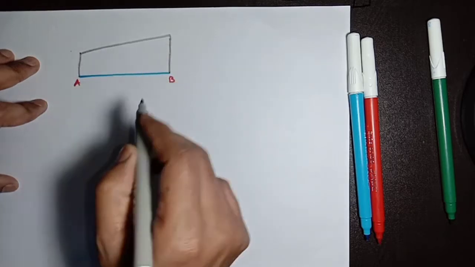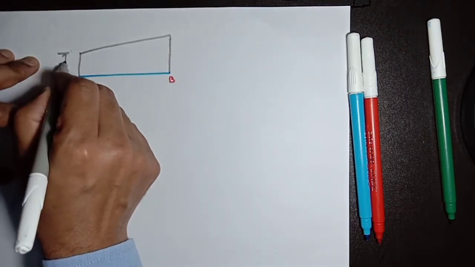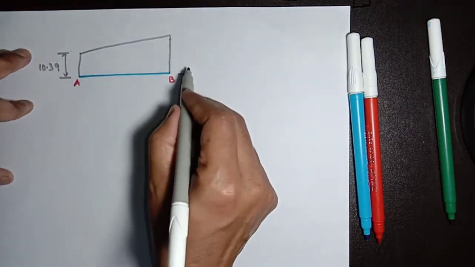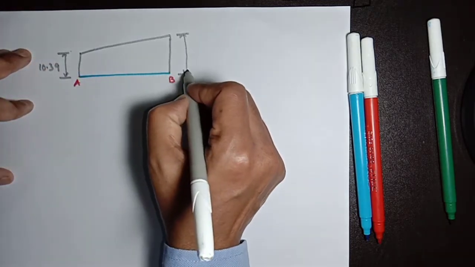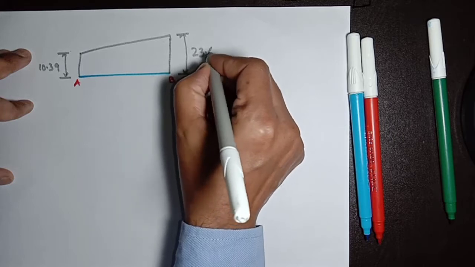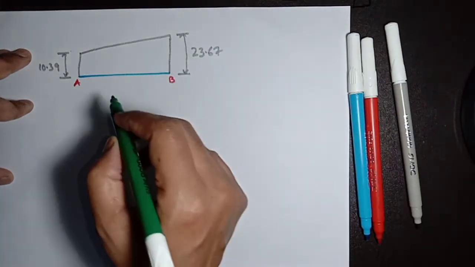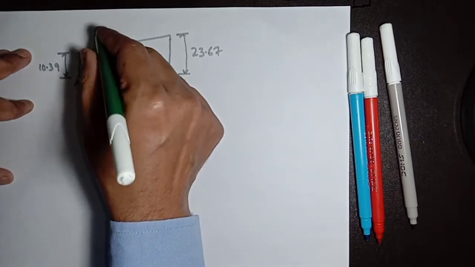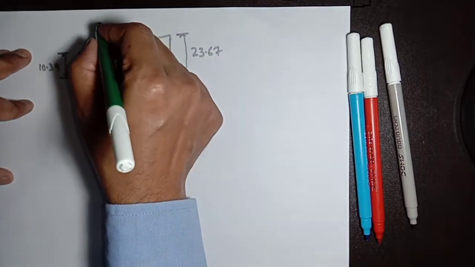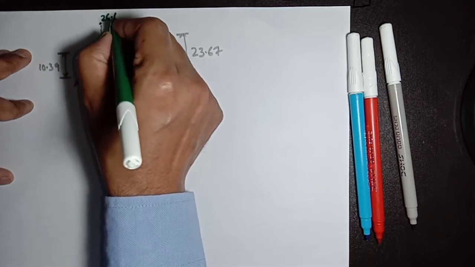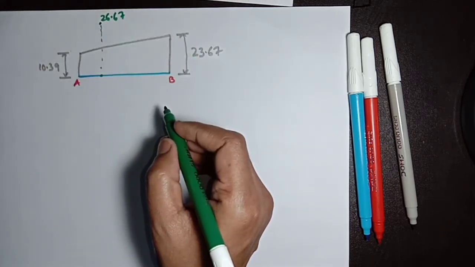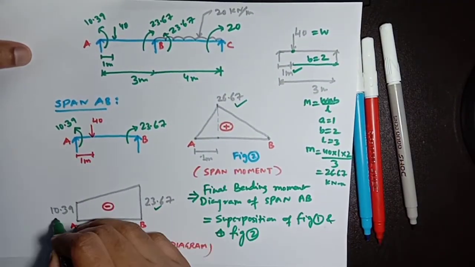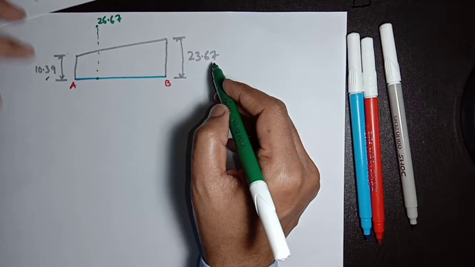This value is 10.39, and this value is the support moment 23.67, and the span moment at a length of 1 meter from the support A is 26.67, as I have calculated and explained here. This value and this value I have written here.